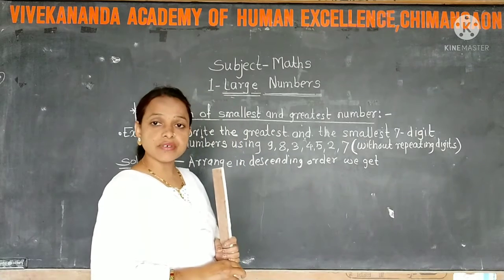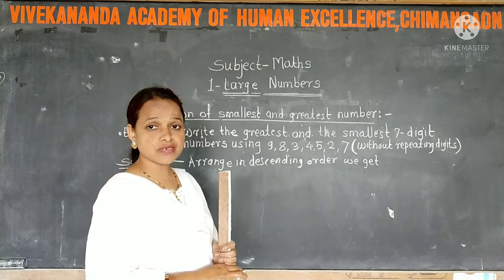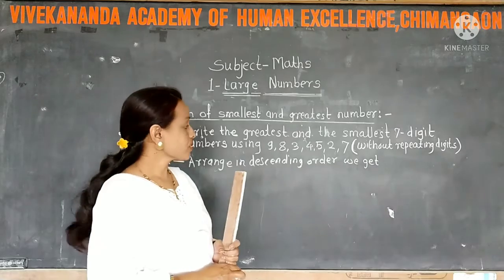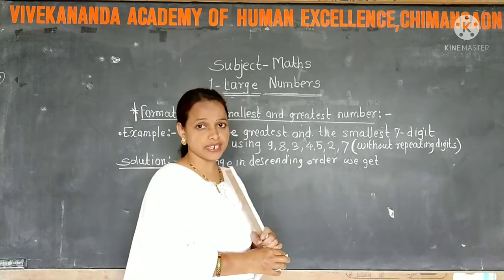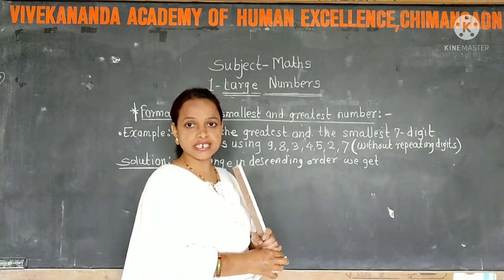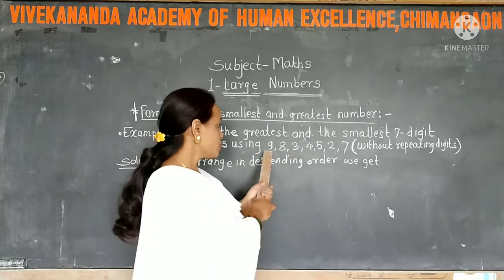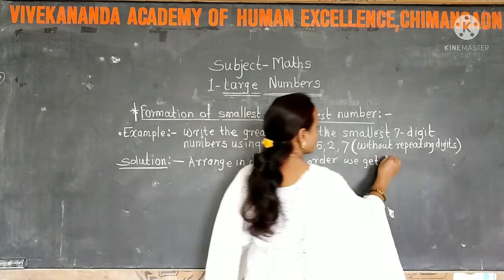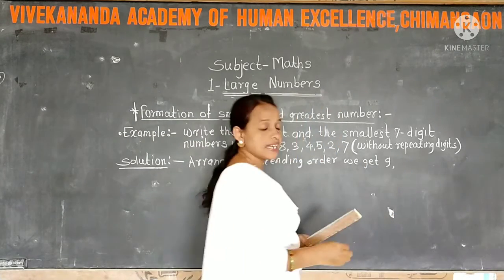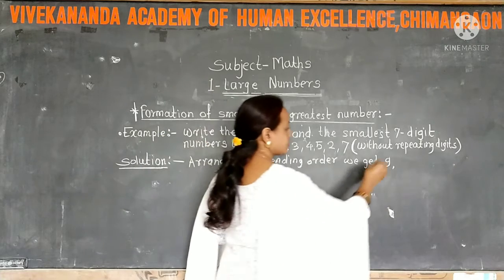From these 7 digits, we first find the greatest digit, because we have to arrange in descending order, greatest to smallest. The greatest digit among these is 9, so we write 9 first. Less than 9, 8.